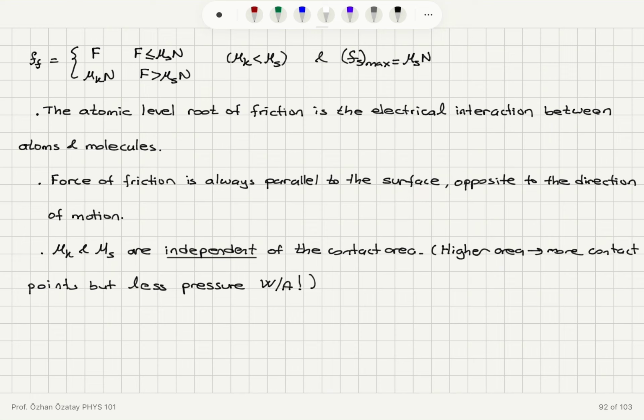This may sound counterintuitive because higher area would imply more contact points, but at the same time there is less pressure because the weight of the object divided by the area is less, so the pressure keeps decreasing. Therefore, these coefficients become independent of the contact area.